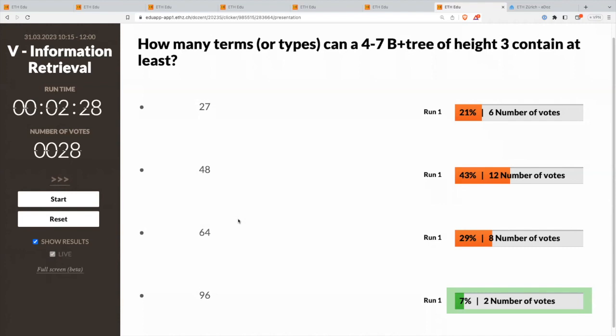And the second trap was indeed that the root has at least 2, right? It's allowed to have less than 4, right? Why not 1? Well, if it were 1, then that wouldn't be height 3. That would be height 2, right? Because then the root would be unnecessary. So indeed, it's 2 times 4 times 4 times 3, which gives you 96, either in your head or with a calculator. All right. So that was the first question.